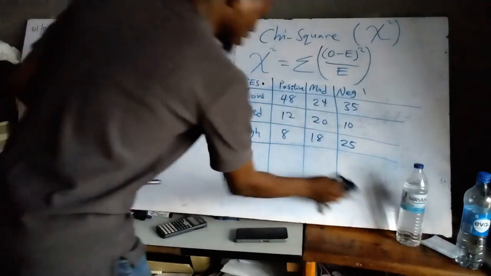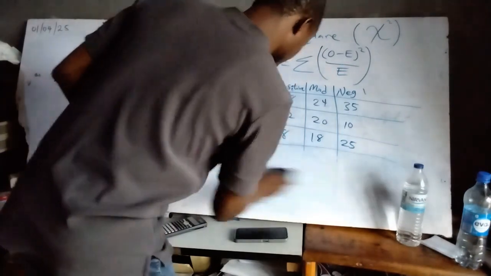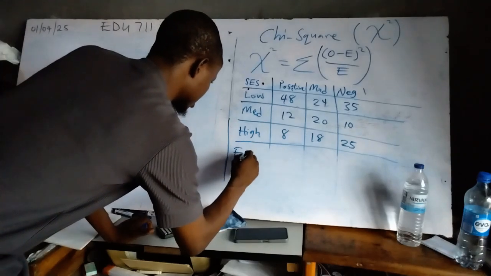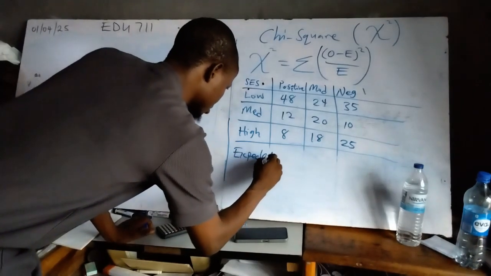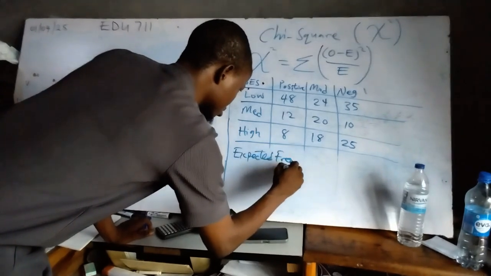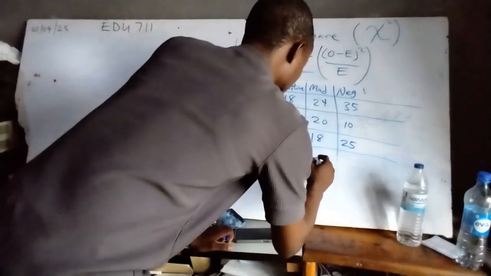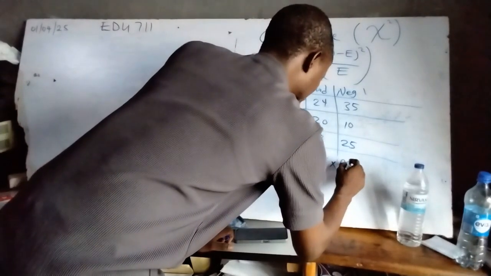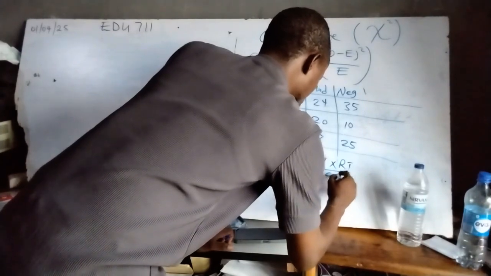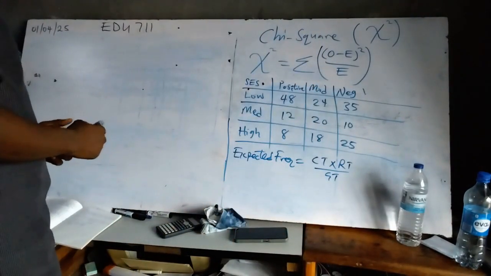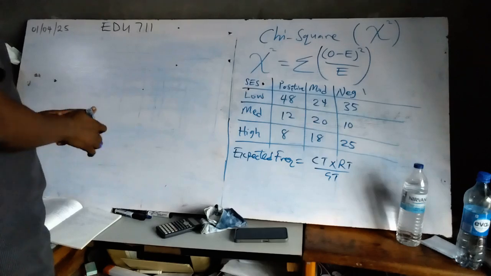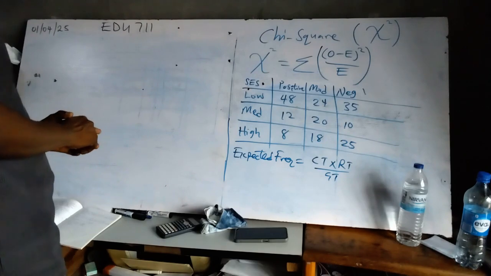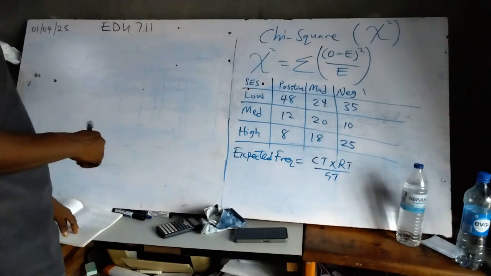So our expected frequency is equal to column total times row total all over grand total. That is the expected frequency.